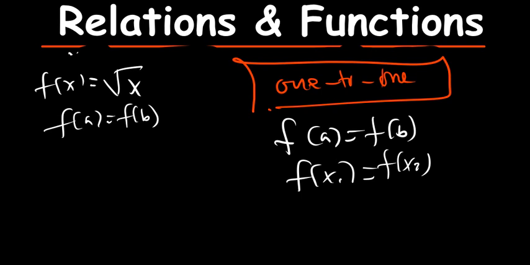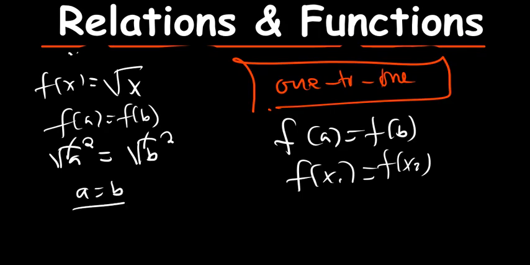So we can say that the square root of a, where there is x just replace with a, should be equal to the square root of b. We are trying to make a the subject of the formula, so I'm going to square both sides. Square root and square will cancel, so a will be equal to b. Then if a is equal to b, this is a one-to-one function. So this is how you can prove it.